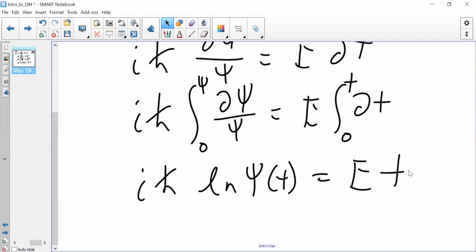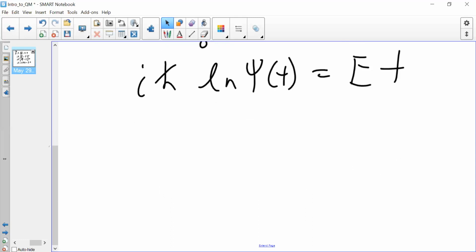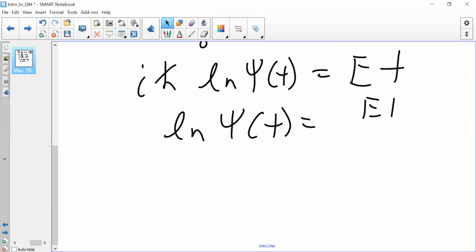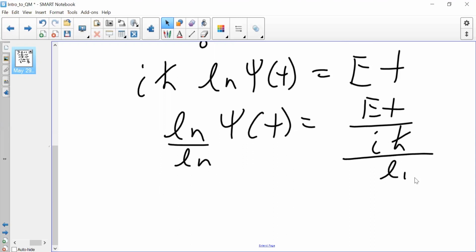Like I said in the previous video, we want an expression for the wave function psi, which is a superposition of all of its states. So let's divide both sides by i h bar. Then, still not done, divide both sides by natural log, and 1 over natural log is an exponential.